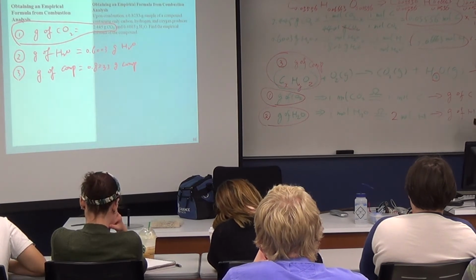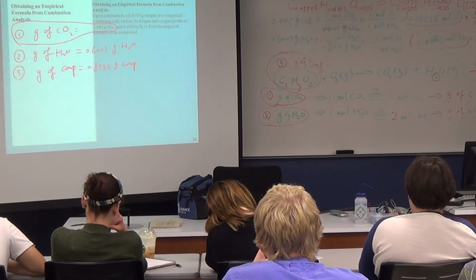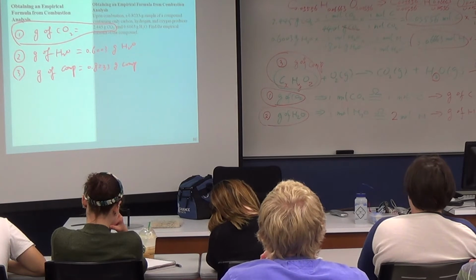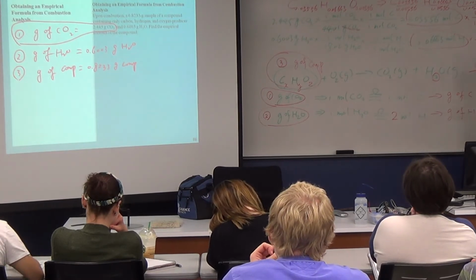And for H, 0.06663 divided by 0.00556 becomes 11.98, and then O just becomes 1. So now this is a good example to see when you can round it up or round it down.